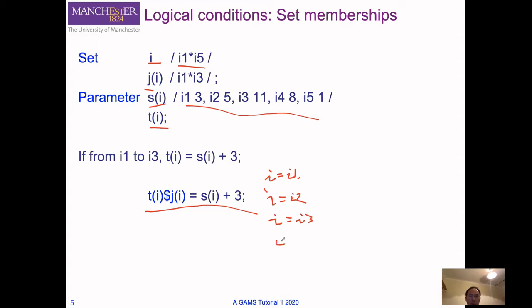But if I is equal to I4 or I5, then we don't have this assignment. That means we don't change the value of Ti when I is equal to I4 and I5. By default, the value for Ti when I is equal to I4 or I5 is equal to 0.